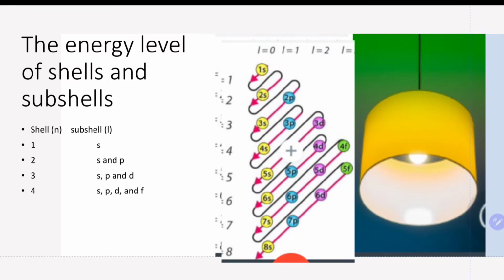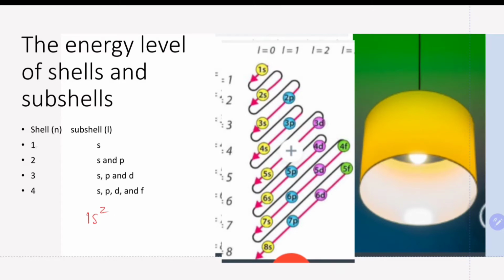The energy level of shells and subshells. How do I know that the first we need to write is 1s with 2 electrons? First, we discuss the shell and subshell.